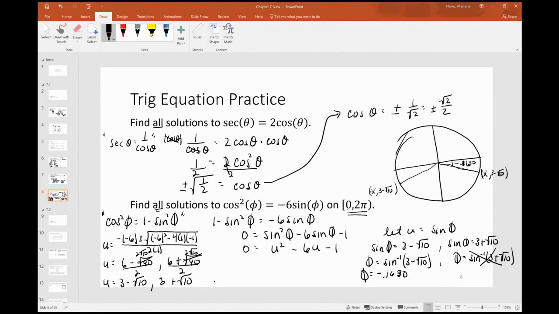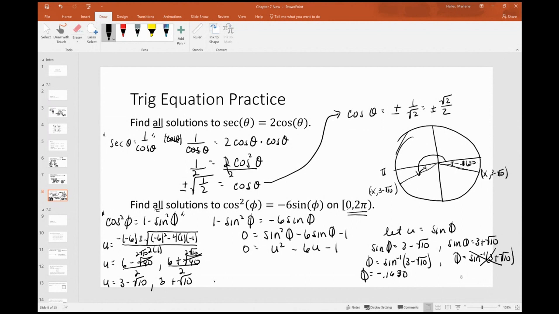Well, I have to think about reference angles here, right? Now, this angle here is equivalent to this little angle over here, right? And I know that pi is right there. So this angle all the way around here that has 3 minus the square root of 10 is going to have to be pi plus this little angle.